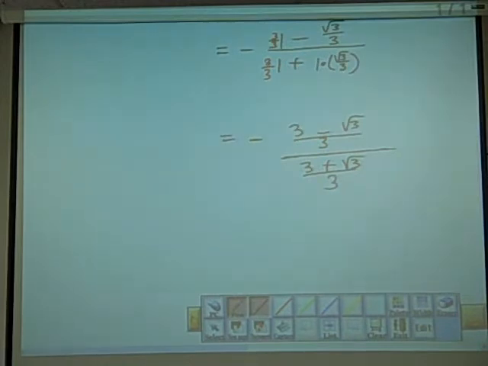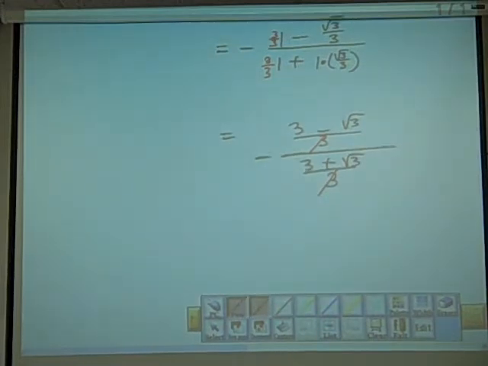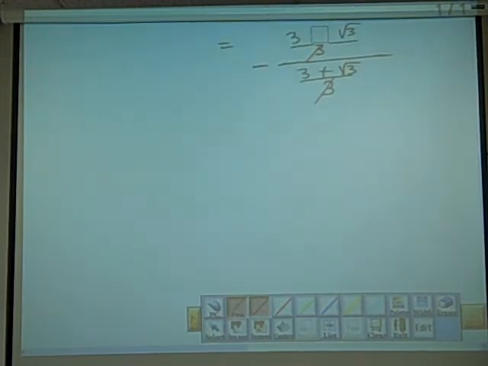So at this point, we can go ahead and cancel the denominators out, right? Move this negative down here. Okay, so this is what we've got so far. We've got a negative 3 minus square root 3 over 3 plus square root 3.